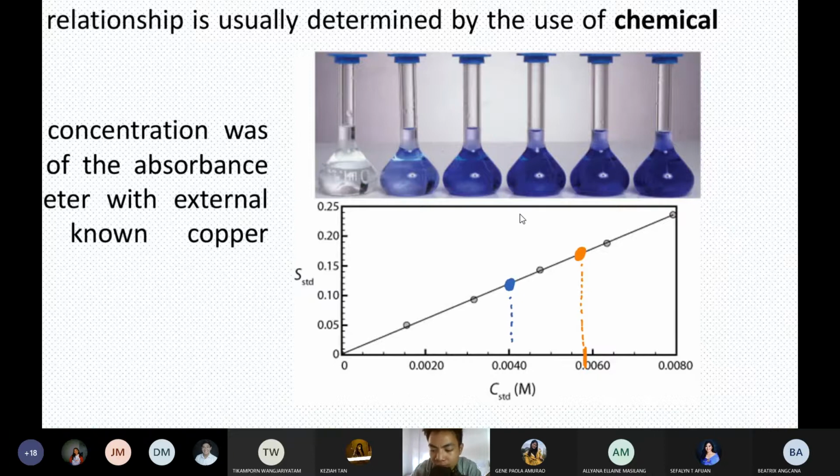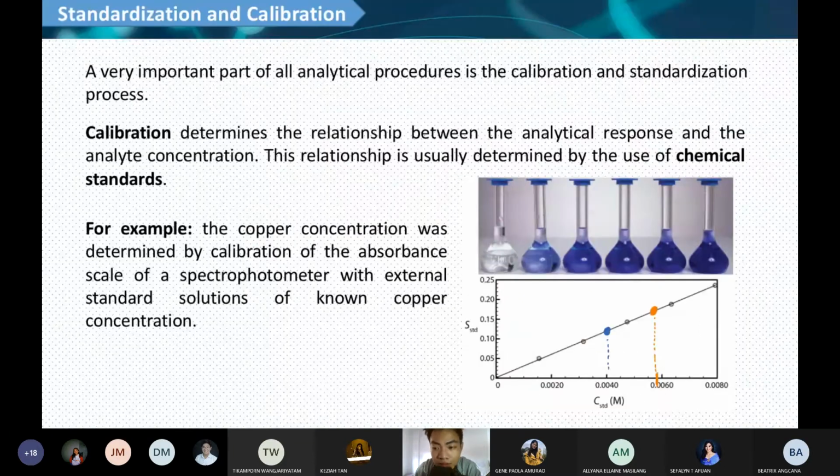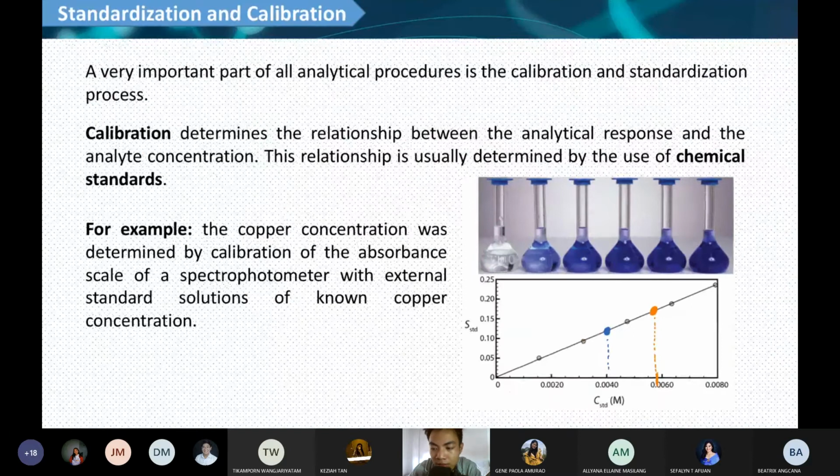So that's how we do chemical analysis now. So again, the first thing you want to do in the laboratory when doing analysis is to establish a standard curve. When establishing a standard curve, you must have solutions of known concentration.